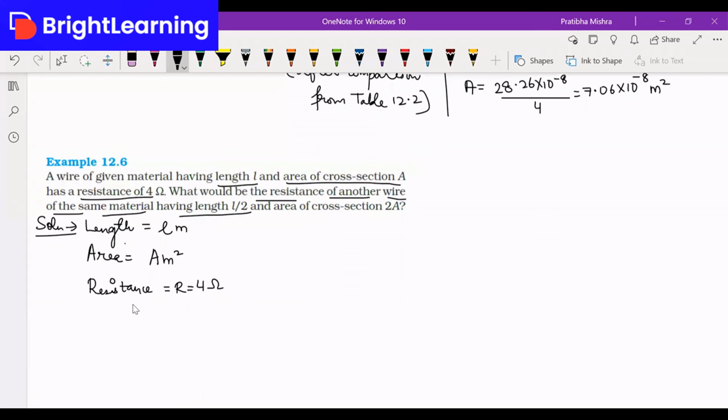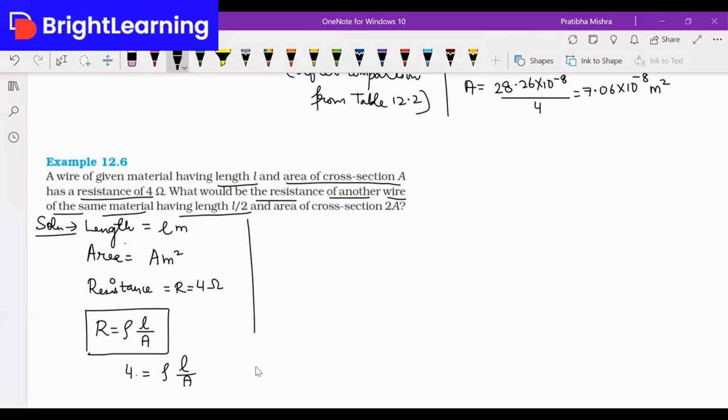Suppose the value of R is rho L by A. This is another formula that we have, right? The resistance is 4 ohms, right? So we'll just write R as 4, rho L by A.